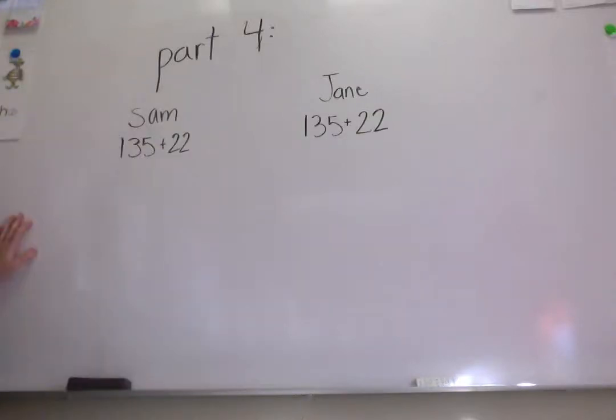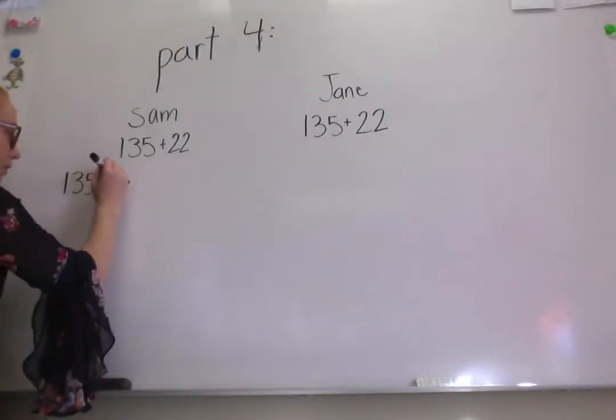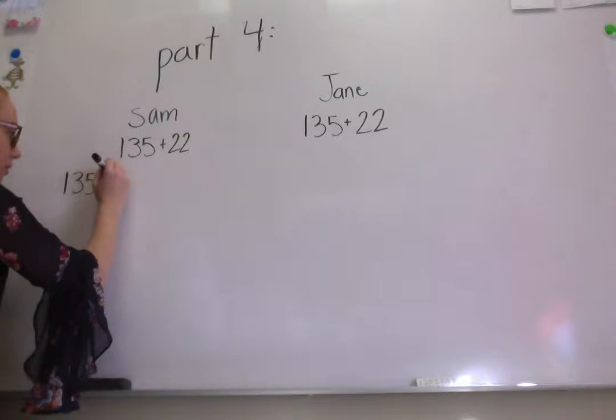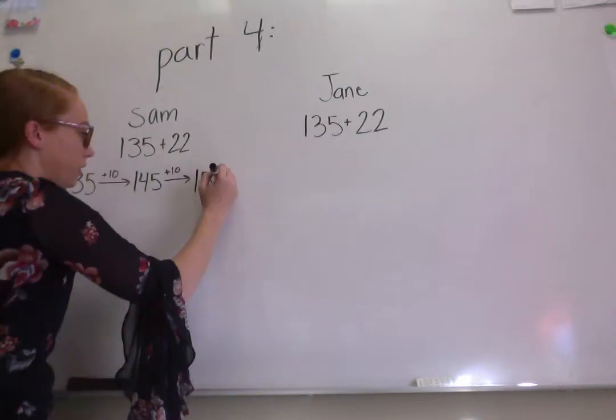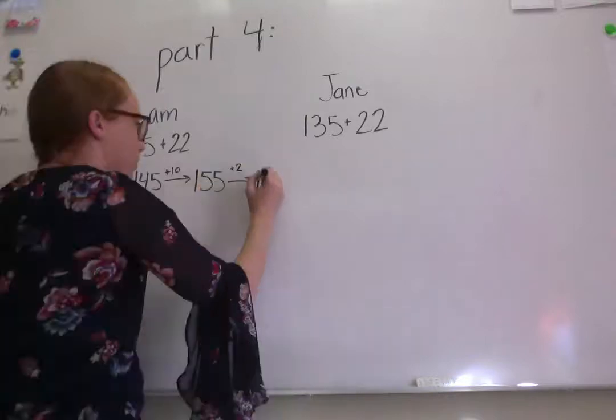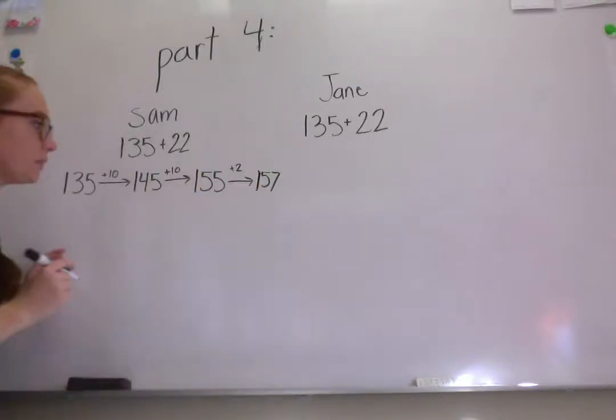Sam is going to choose the arrow way, so he's going to do 135 plus 10 equals 145 plus 10, which equals 155 plus 2, which equals 157. Jane, on the other hand, is going to do something that looks like this.